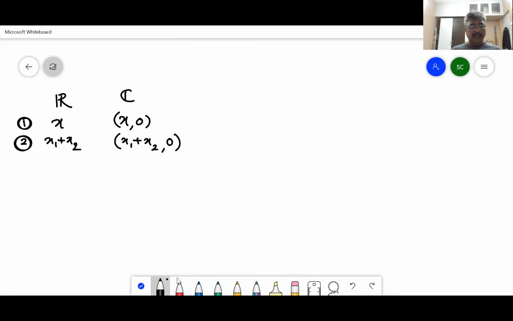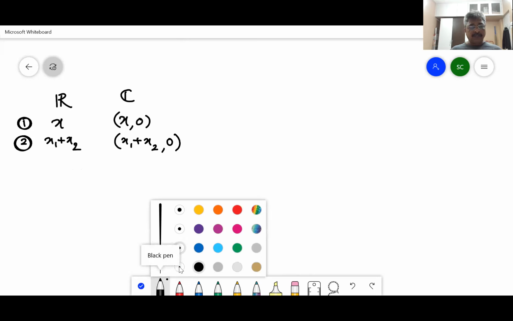So I should make the size of my pen a little smaller. Another thing that we defined, this was as far as real numbers and complex numbers are concerned.